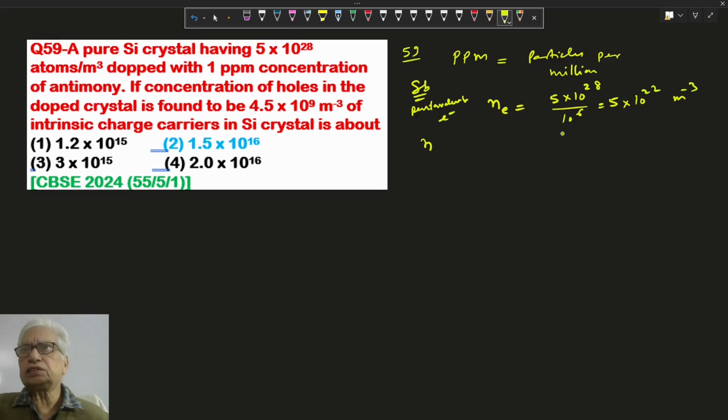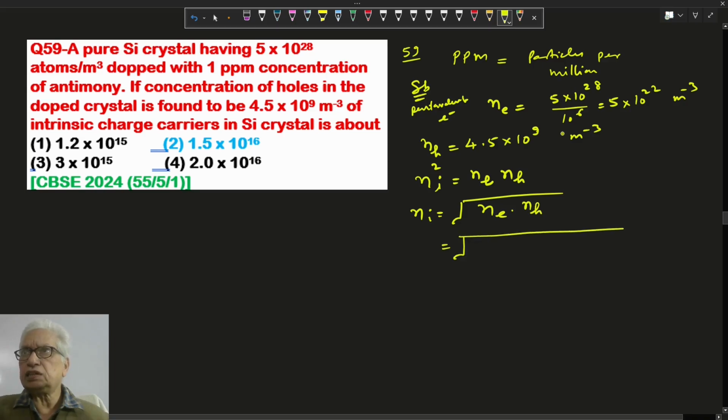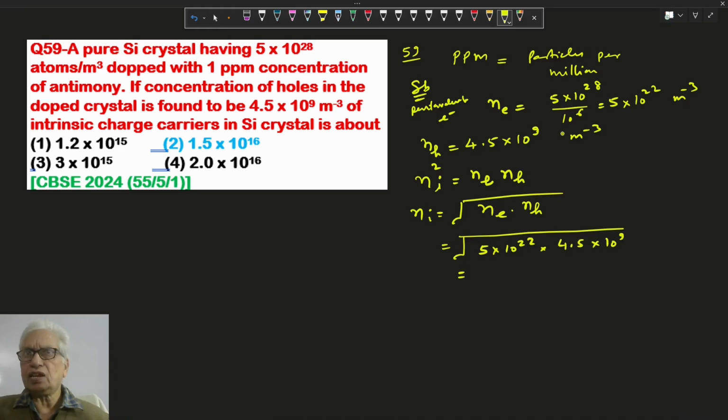And if the concentration of holes is 4.5 into 10 to the power 9 per meter cube, then Ni, the intrinsic concentration, squared equals Ne times Nh, so Ni will be root of Ne Nh. Put it here: Ne is 5 into 10 to the power 22 and the hole concentration is 4.5 into 10 to the power 9. After solving, it comes 1.5 into 10 to the power 16 per meter cube. Intrinsic means pure semiconductor. Here the option is correct.